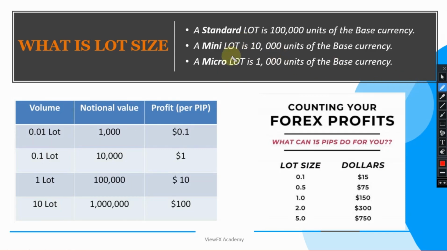Now there's something you have to know. When you use a standard lot, 1.0, and you're buying 100,000 units of the base currency, each pip, which is one movement on the chart, is equivalent to $10.